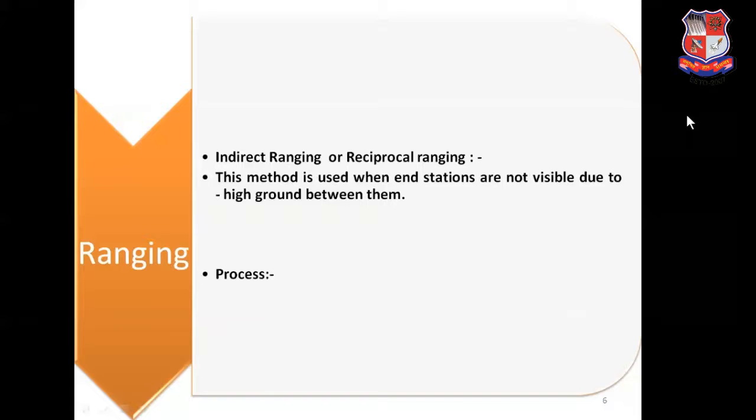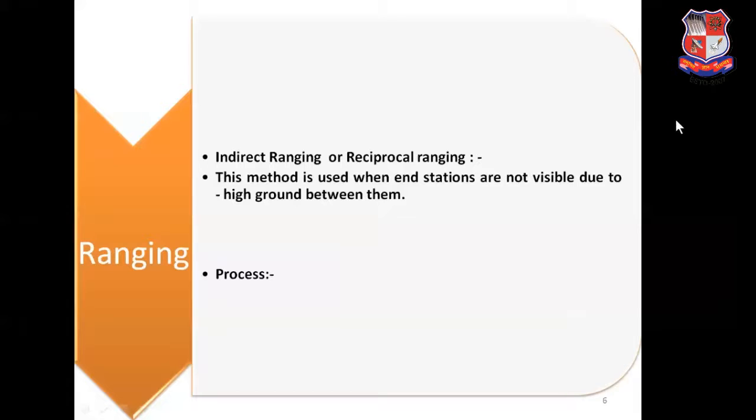When the end stations are not visible due to some obstacles between them, and still it is required to establish intermediate points to measure the accurate distance between those two stations, we have to go for the indirect ranging process.